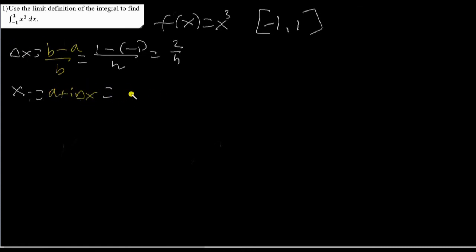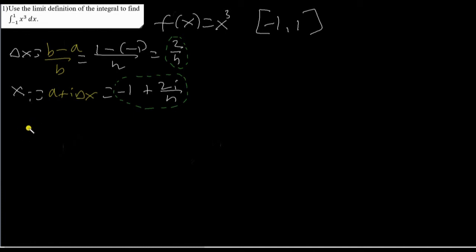Our a is -1. Our delta x is 2 over n, so our i delta x is 2i over n. These are two of the pieces of the problem, our delta x and our x sub i.